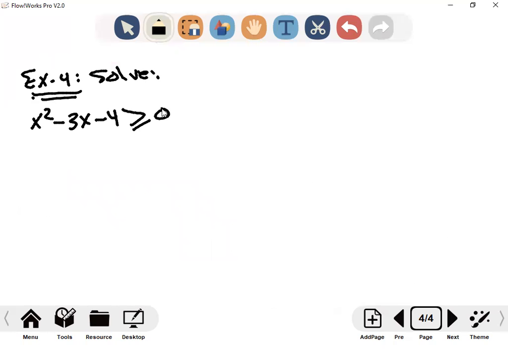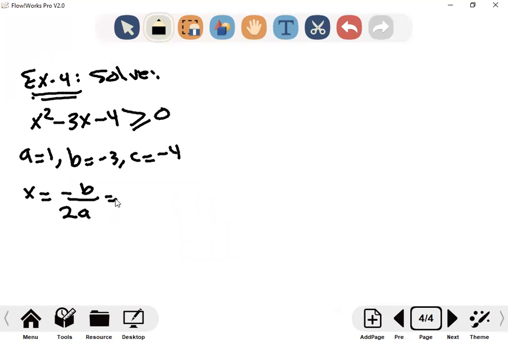A is 1, B is -3, C is -4. Find the axis of symmetry: minus B over 2A, so 3 over 2 times 1, which is 3 over 2, so 1.5.